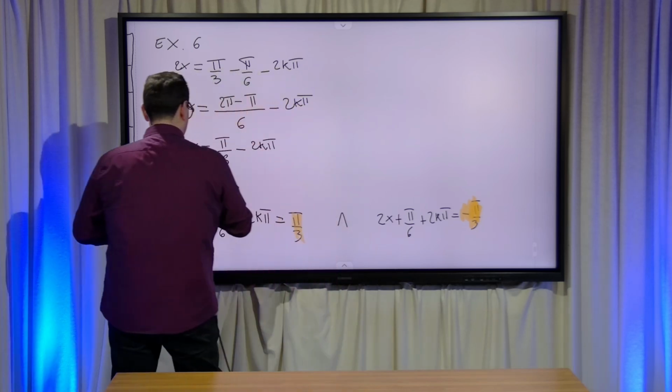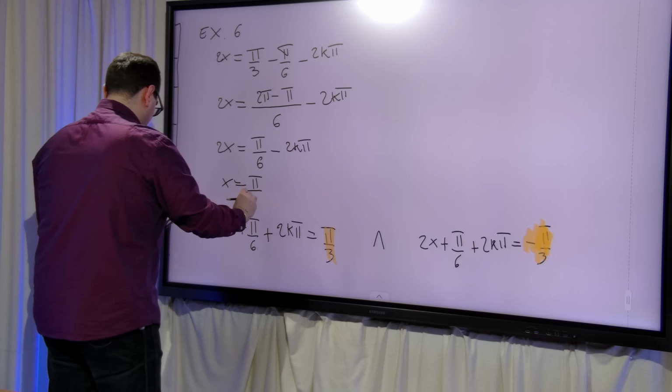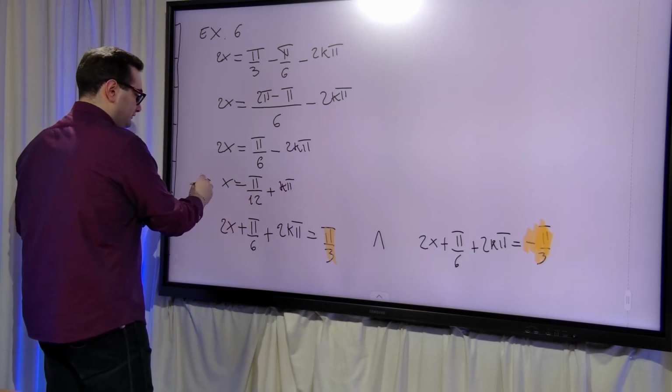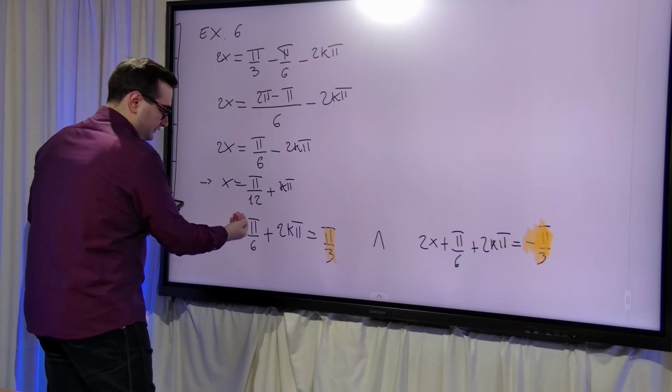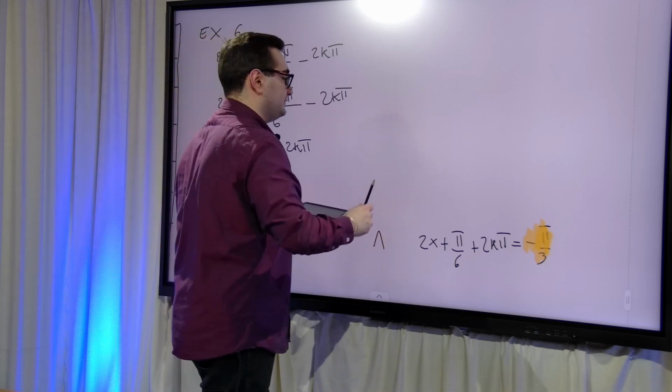Okay, just let's finish this one. So x is equal to pi over 12 plus k pi. And this is the solution obtained by the first one. Let's continue with this other one.